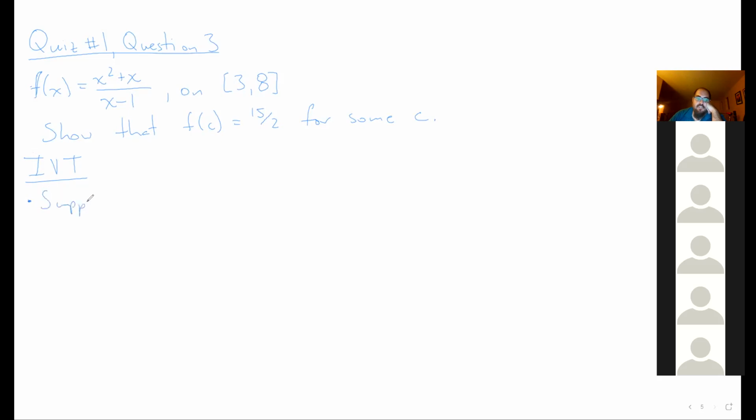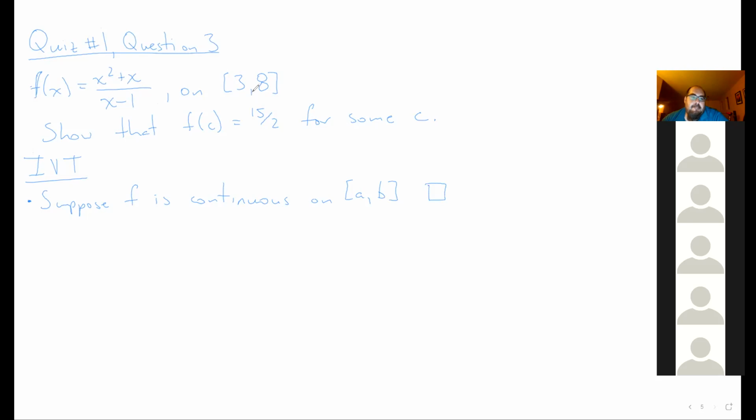Suppose f is continuous on some closed interval [a, b]. All right, so let's make sure we have that. This function f, x squared plus x over x minus 1, is that continuous on my interval 3.8?